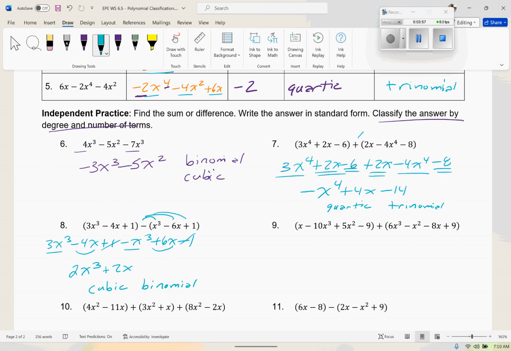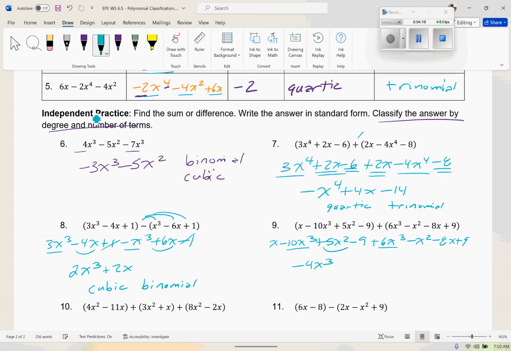Number 9, I can go ahead and just drop the signs. I have a positive, so none of the signs change. All right, so then I have x to the third, so negative 10 plus 6 is negative 4x to the third.